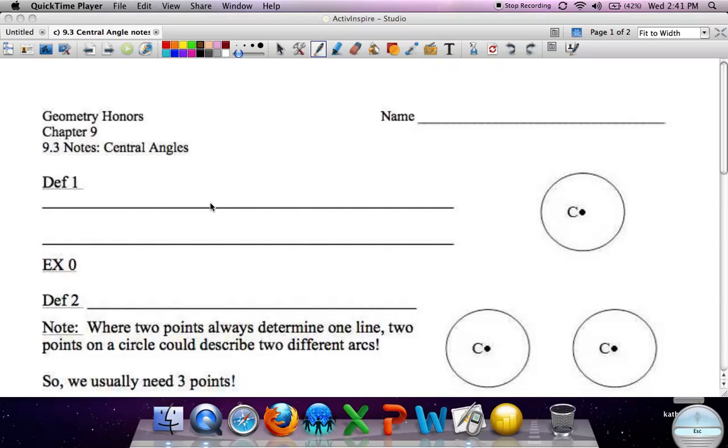9.3 Central angles. Definition 1. A central angle is an angle whose vertex is at the center of a circle.